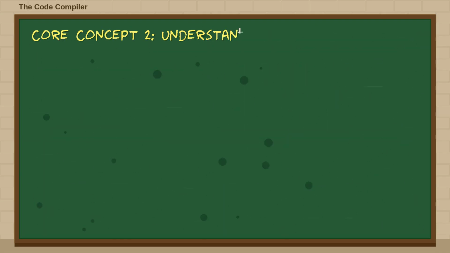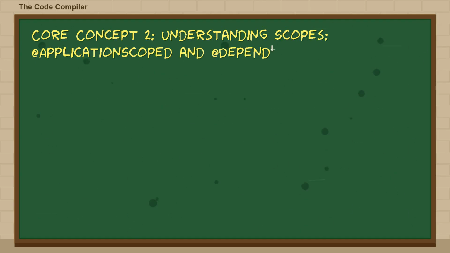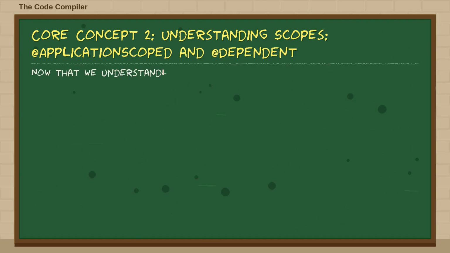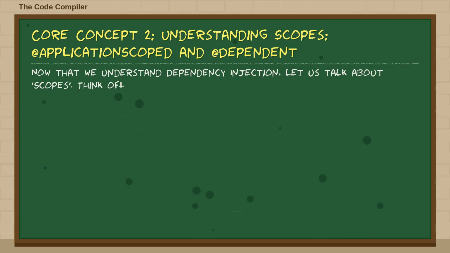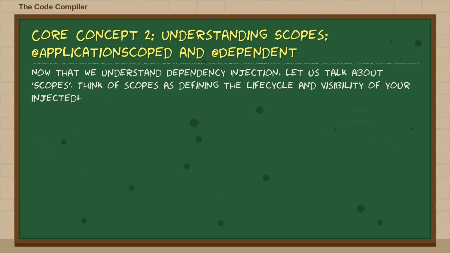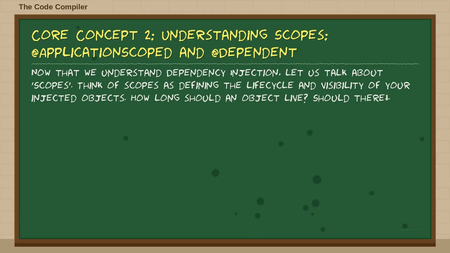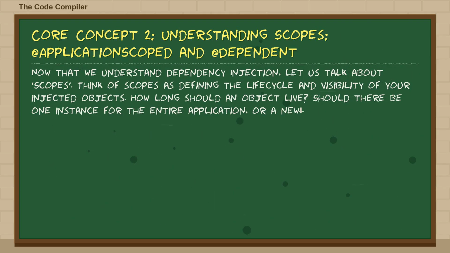Now that we understand dependency injection, let us talk about scopes. Think of scopes as defining the life cycle and visibility of your injected objects. How long should an object live? Should there be one instance for the entire application, or a new one every time it is injected?